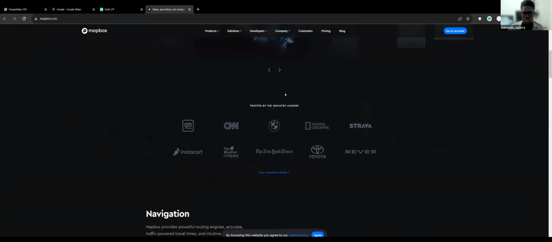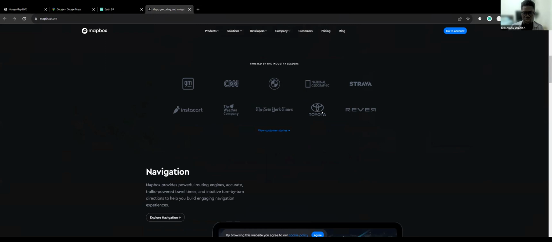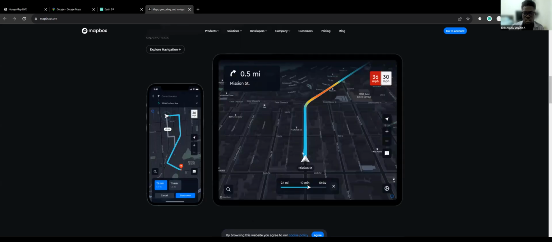You can see Toyota. If you know Strava, the app people use for exercise, Strava also uses Mapbox technology for their base map. BMW as well uses Mapbox for their maps. They're very powerful when it comes to building navigation systems. They're the alternative to Google, a competitor to Google.